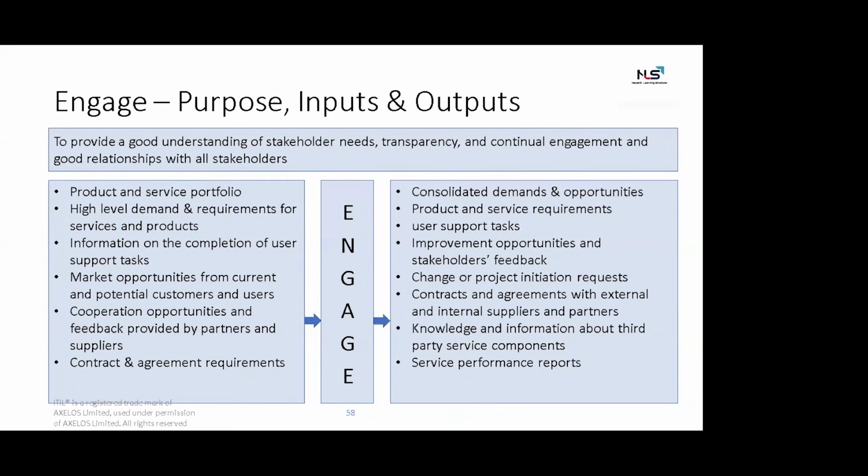So contract and agreement with external and internal supplier. This is like wherever you have external vendor or external parties associated, you need to talk to them. You need to understand their agreements, okay?